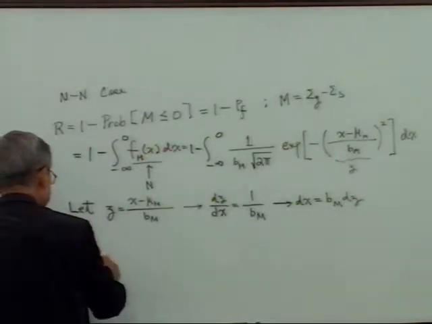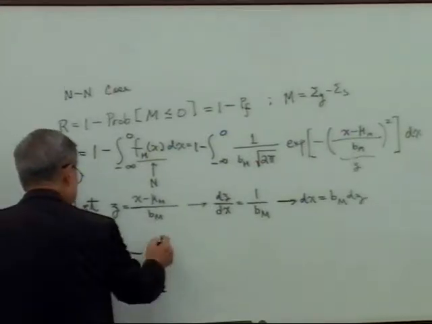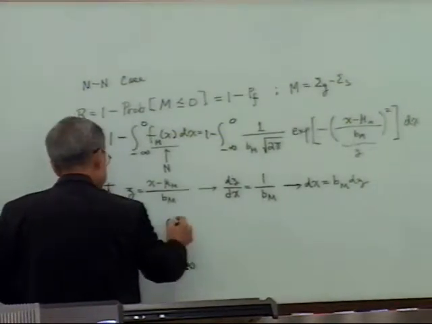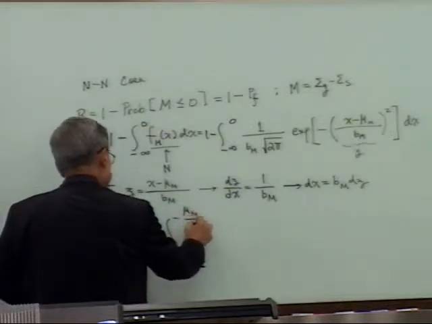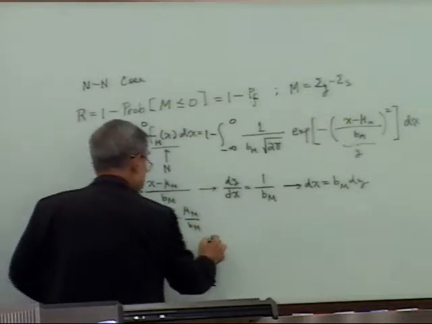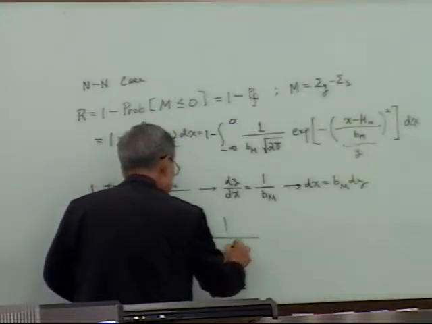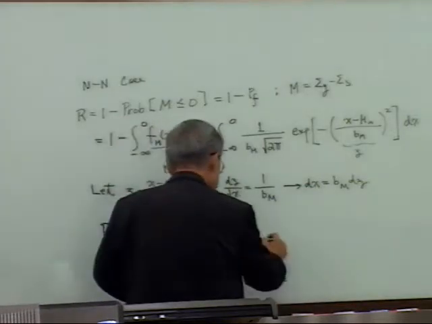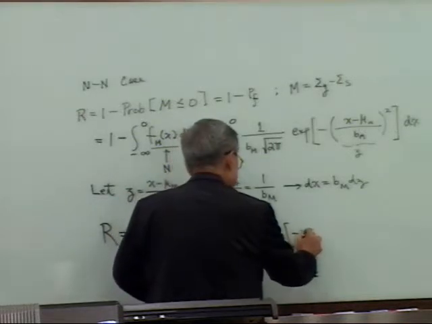Then you can express R as 1 minus the integral from minus infinity to minus mu_M over sigma_M. Then you got the same thing, sigma_M, square root of 2 pi. I have done this before, so it's nothing new, but this is going to be the last time.